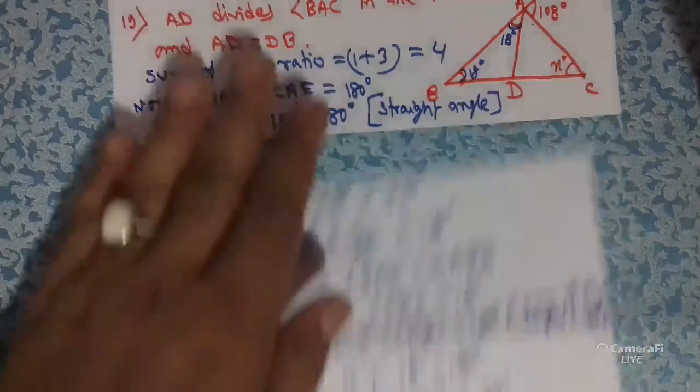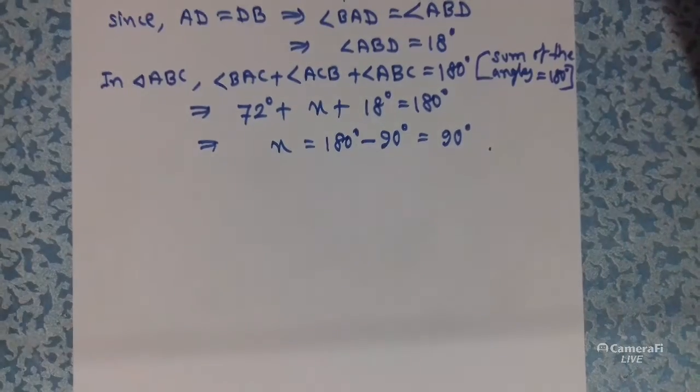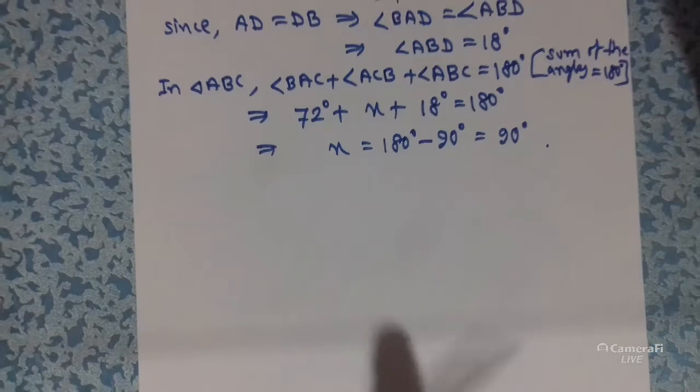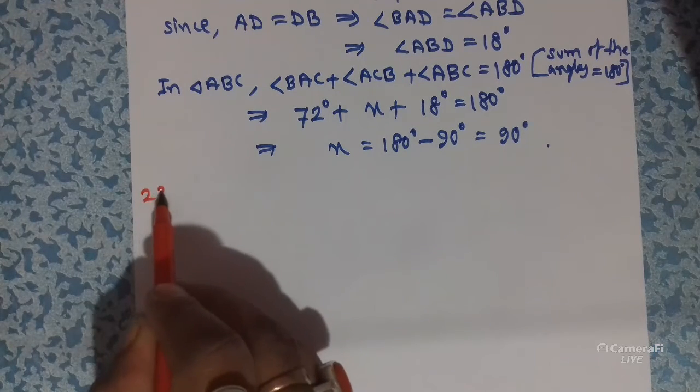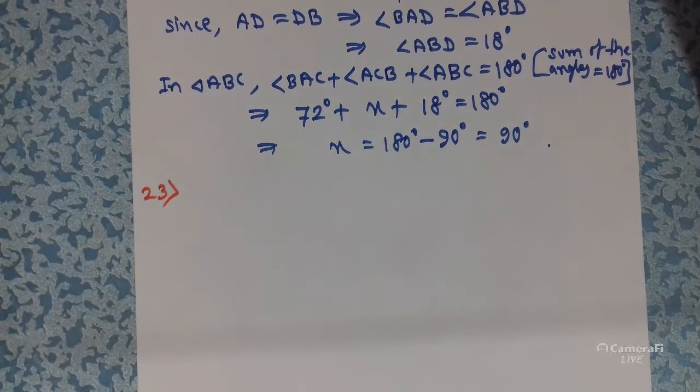Problem number 23. In the given figure, BAD is parallel to EF.